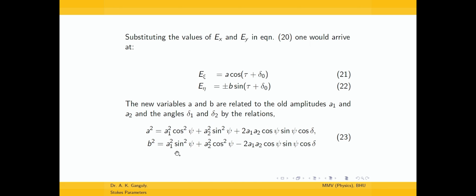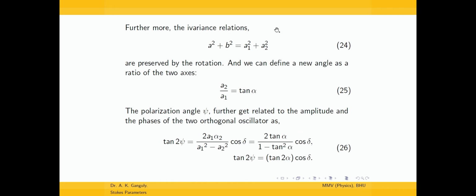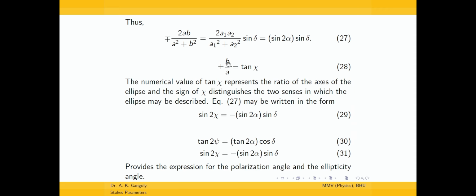And once things are perfectly taken into account, it is also noticed that there exists something like an invariance relation between the old system and the new system, that is the sum of the semi major axis square and semi minor axis square turn out to be the same, and the ratio of the semi minor axis to semi major axis takes us to the definition of the ellipticity angle, and the polarization angle, that is what is the angle that the new ellipse makes with the original axis, can also be estimated.